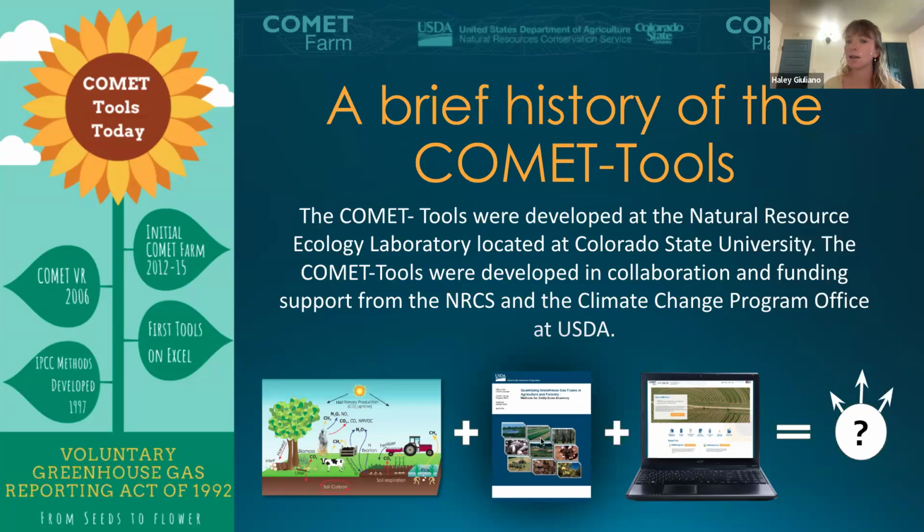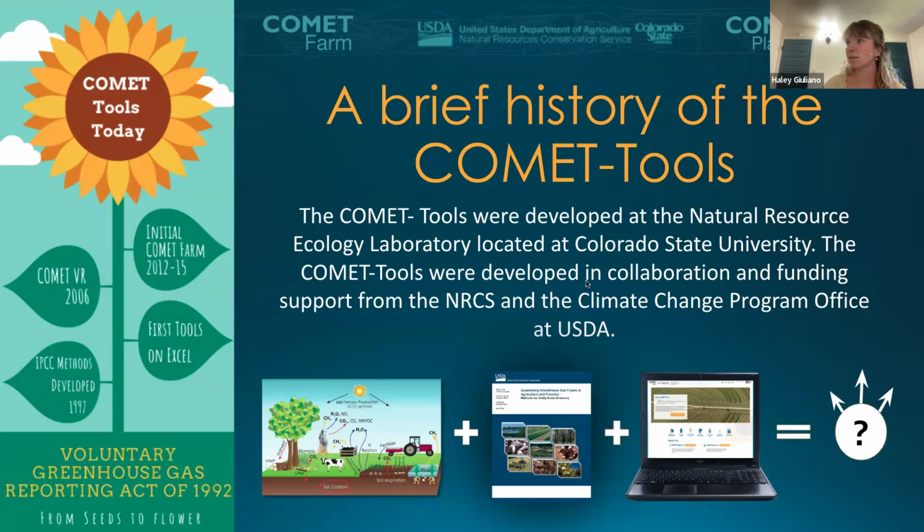COMET Planner, which we'll talk about towards the end of this, was created later as a simpler tool, which you'll see the complexity of COMET Farm first. COMET Planner was created to assess the relative benefits of implementing conservation practices against a fixed baseline, but intended to do it very quickly, and we'll get to that.